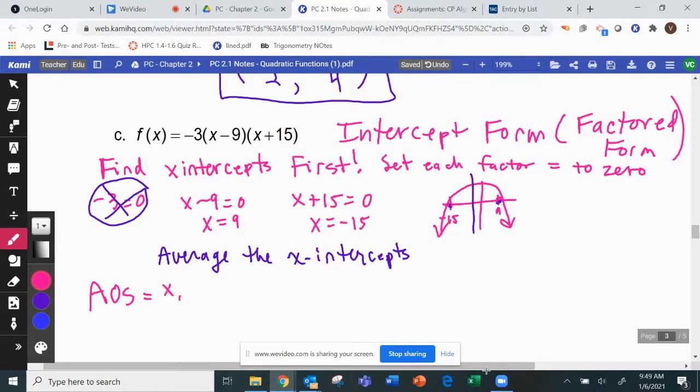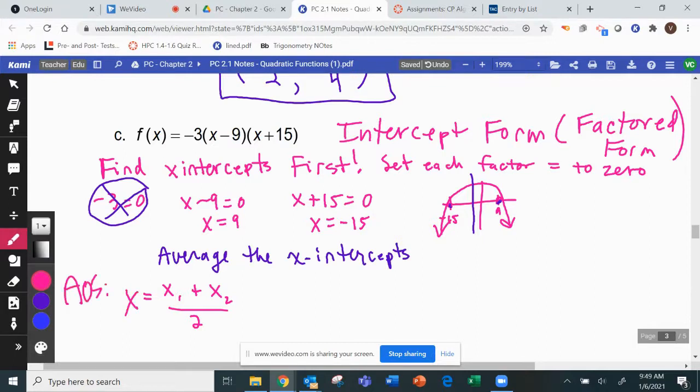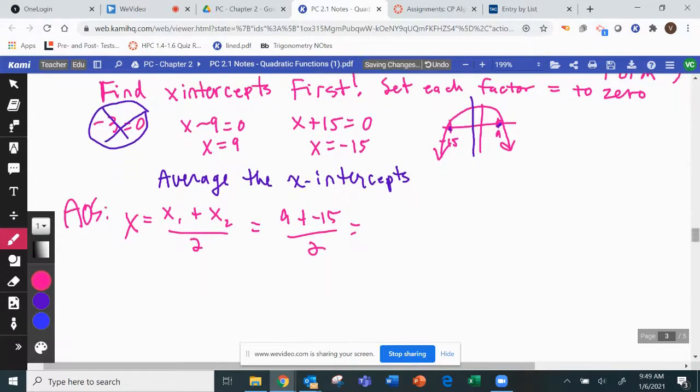So we'll take our first x-intercept plus the second one, divide by 2. And I forgot something really important. X equals is how we're going to write it. So let's see, 9 plus negative 15 divided by 2 is negative 6 divided by 2. So our axis of symmetry is x equals negative 3.